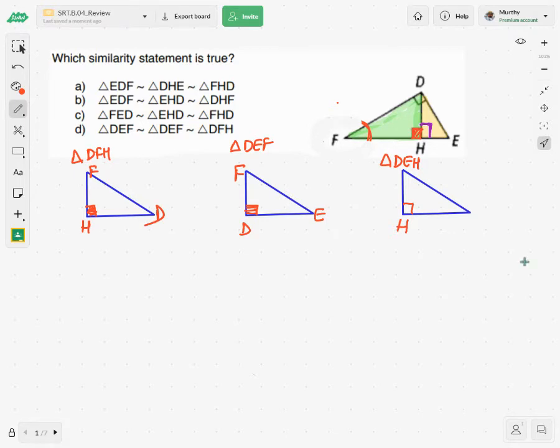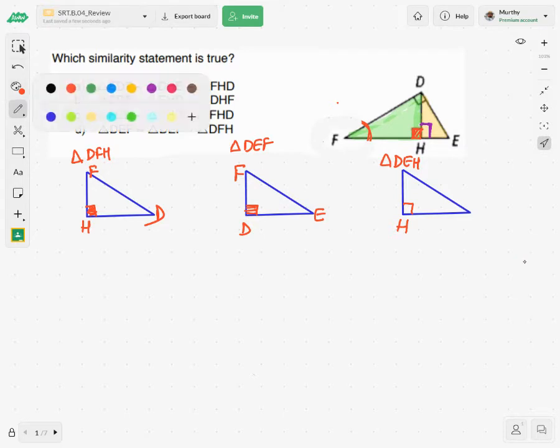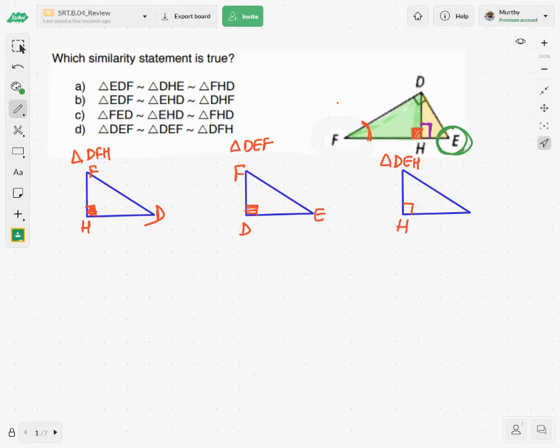And coming to the last one, this time notice angle E. Let's say that in the whole triangle it is 60 degrees. Let's take some number and assume 60 degrees.